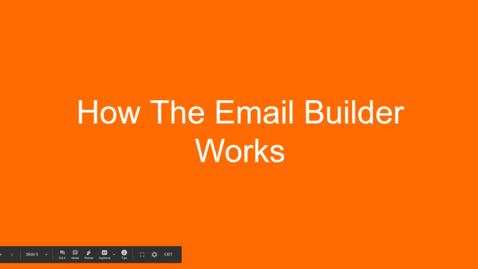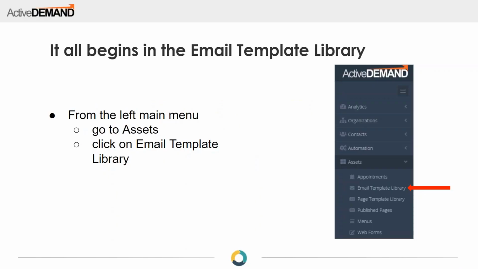So let's start off by talking about how your email builder works. This will all begin in your email template library. If you're new to the platform, you can find your email template library by going to your main menu on your far left-hand side.